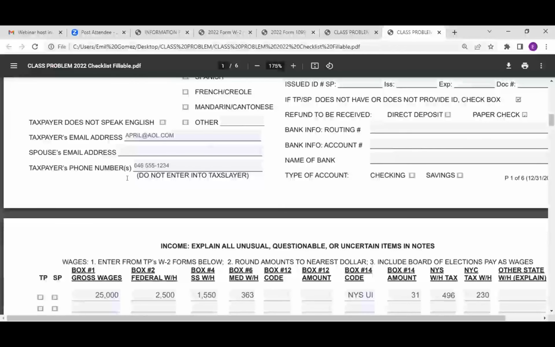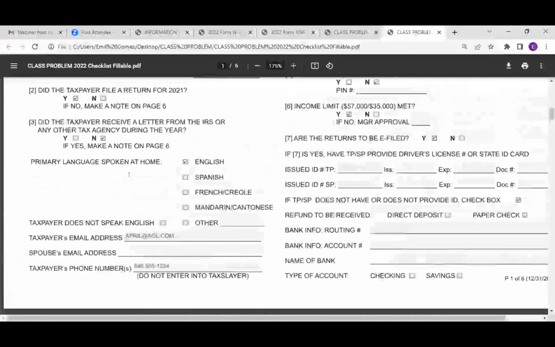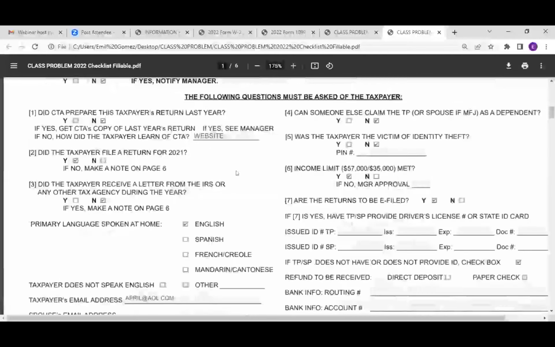Taxpayer's phone number, that's important for us to have too. We have to reach out to her, or in some cases, we might have to enter this information in TaxSlayer as well. Right-hand side of page 1 towards the bottom, can someone claim the taxpayer? Because then that taxpayer, April, can claim May as her dependent, right?